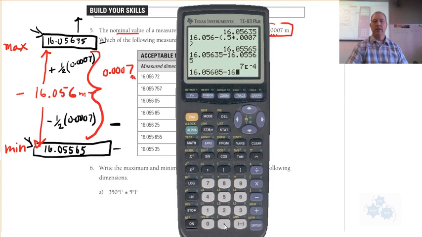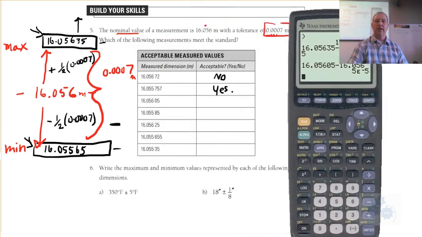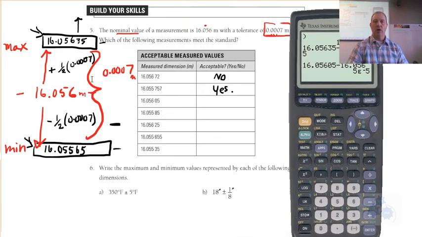Then you ask yourself, is that difference smaller than half of the tolerance? If that difference is smaller than half of the tolerance, then you know it's inside the middle to the maximum, or inside the middle to the minimum.